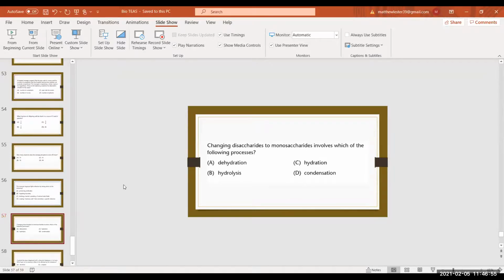But the way I understand it is that memory cells actually help drive a future humoral response, but they aren't produced by the humoral response, I believe. I think you're correct. That's the way I understand it. It's hard to explain. Yeah, they're like separate cells.